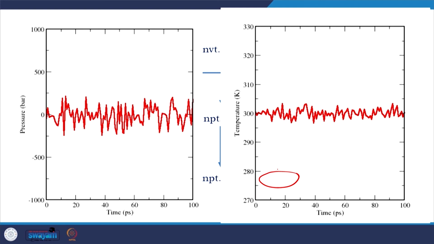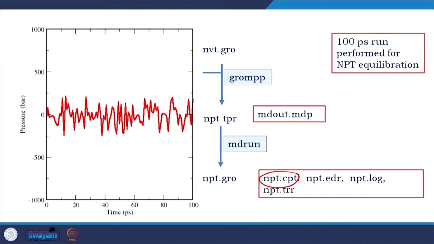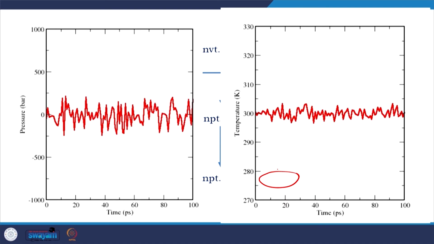The CPT file, we will talk about this in the last, but it is a checkpoint file. What is a checkpoint file? A checkpoint file helps you to run again if your simulation is stopped for any reason.